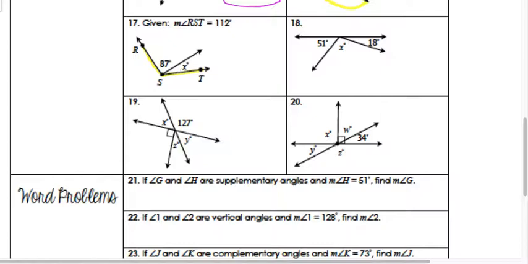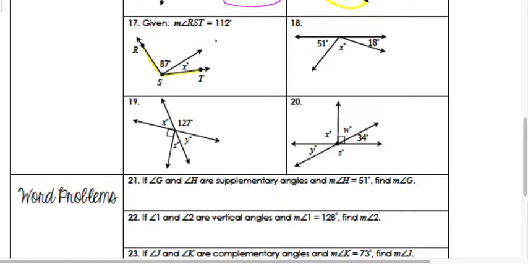All right? So you could do that one of two ways. I'm going to show it to you algebraically. Some of you might just go, okay, it's 112 minus 87, and I'm going to have it just like that. I'm fine with that. However it is easier for you to figure out. But I'm going to show it to you algebraically because I want you to be familiar with that because that's what we're going to be getting into next. All right.